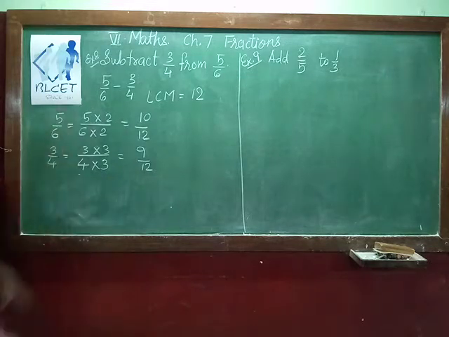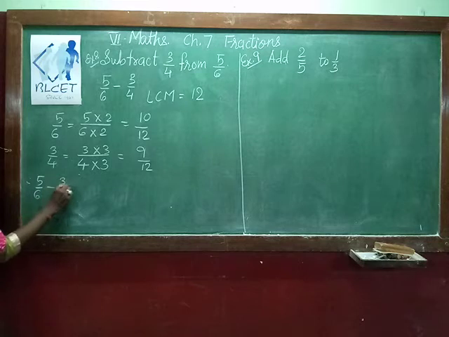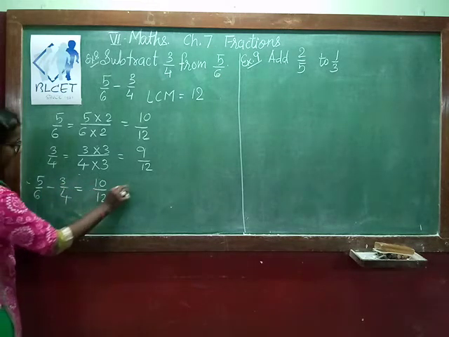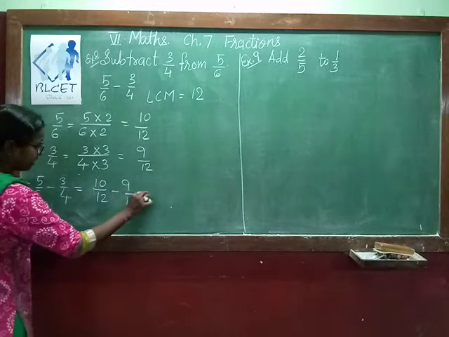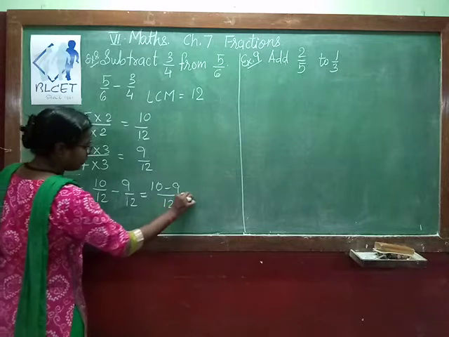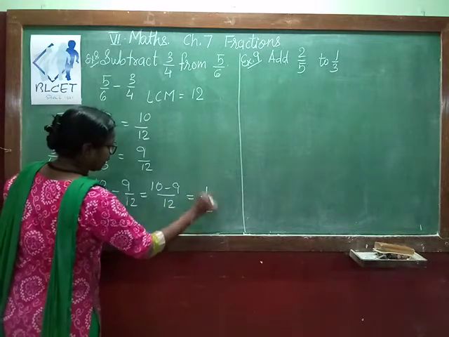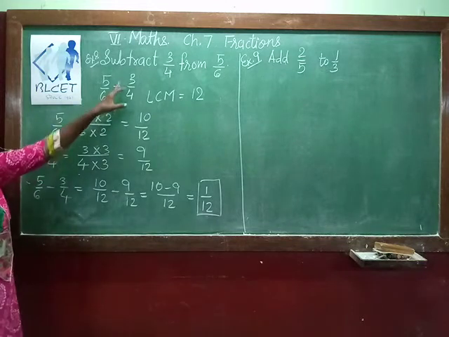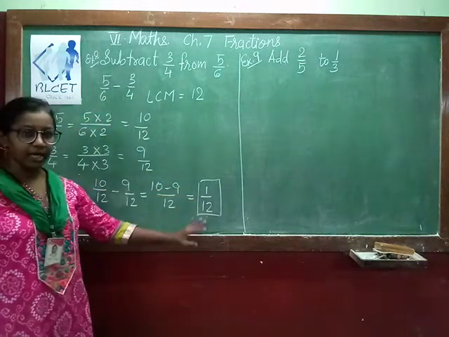Now do the subtraction. So therefore 5 by 6 minus 3 by 4 is equal to 10 by 12 minus 9 by 12, which is equal to 10 minus 9 divided by 12, which is equal to 1 by 12. So the subtraction of 5 by 6 minus 3 by 4 is 1 by 12.